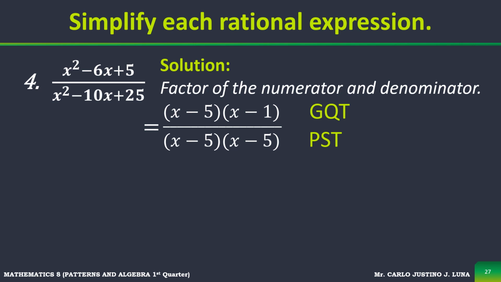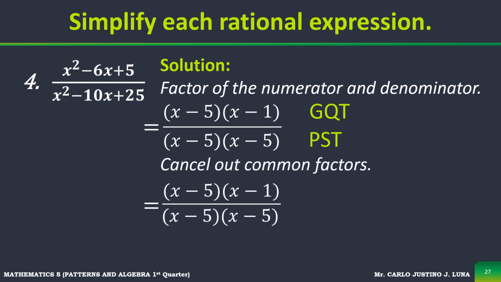Pareho lang sila. Okay, so now let's do cancellation. What can we cancel? Okay, we can cancel x minus 5 and x minus 5. Isa lang. No? Pati yung isa sa denominator tatanggalin natin, hindi. Okay? We are getting zero pair, kumbaga.